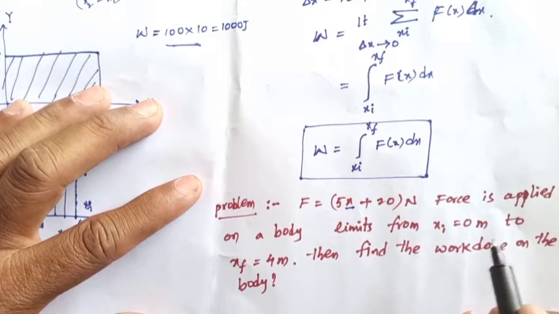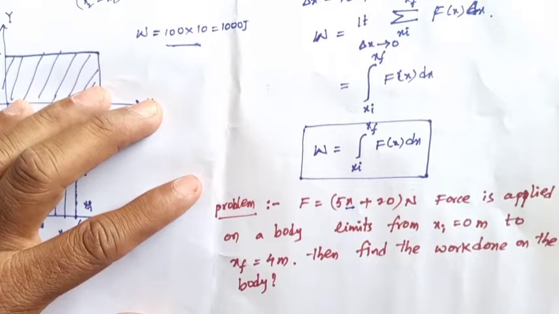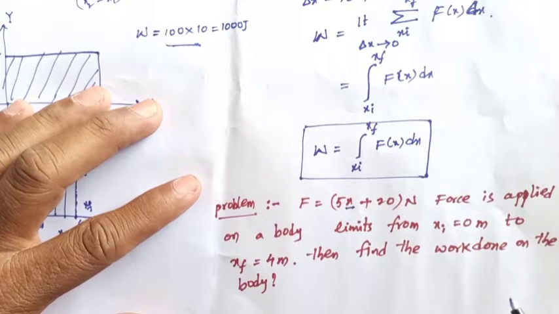X equals 1, 25 newtons. X equals 2, 30 newtons. Like that the force increases. When the force increases, the displacement also increases. So what is the work done? Then find the work done on the body.